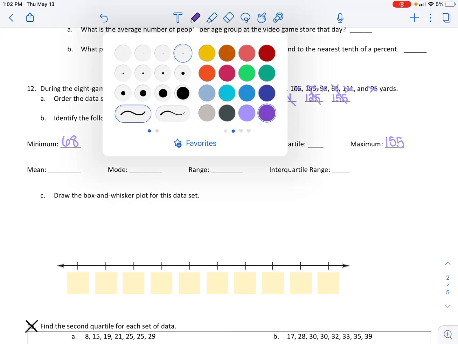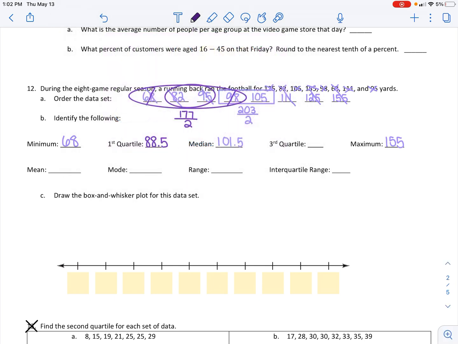I'm going to do the exact same thing on the other side. So I'm looking at the upper half of my data, and I'm going to cross off on each side until I reach the middle. And again, we have two numbers in the middle. We have 111 and 125. So I'll add those together, which gives me 236.